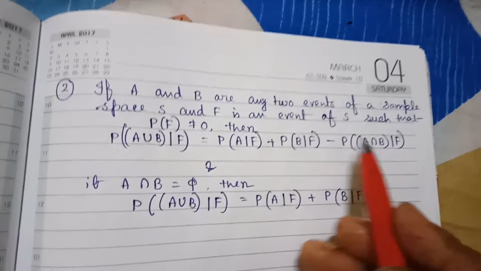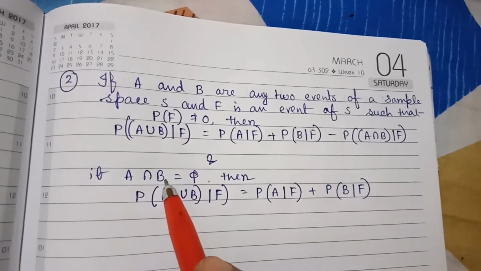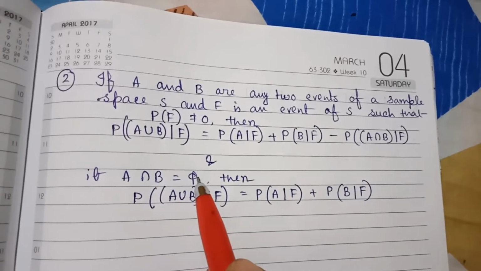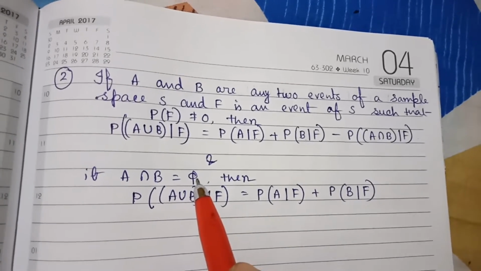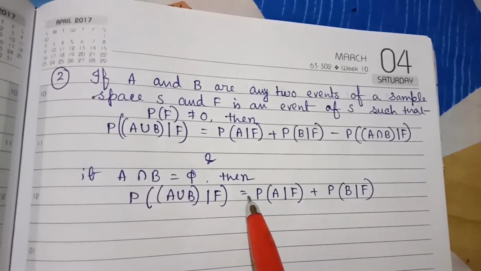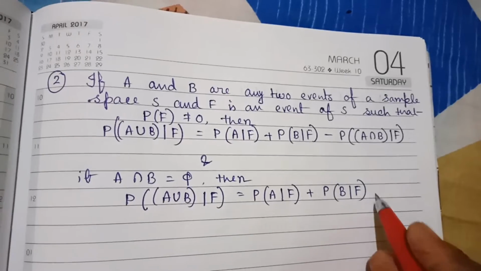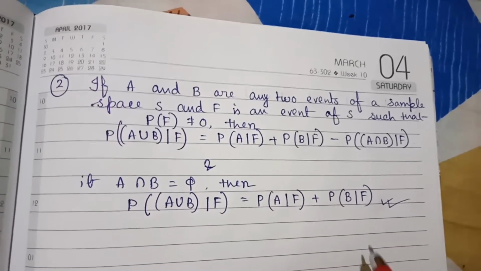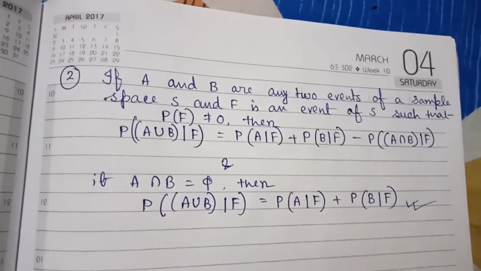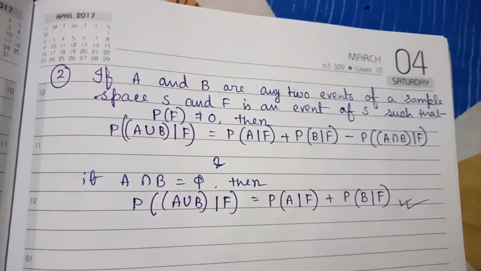Rest of the things are the same. And also, if A and B are disjoint sets, that means their intersection will be phi, then P of A union B on F equals P of A on F plus P of B on F. Now this is the second property of conditional probability.